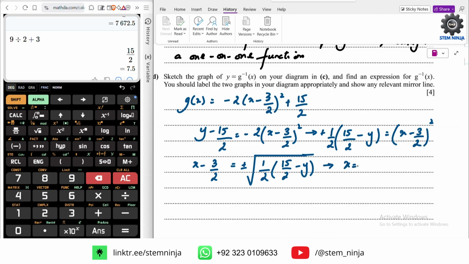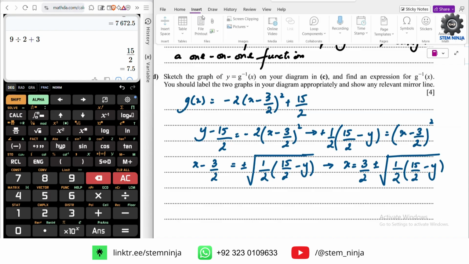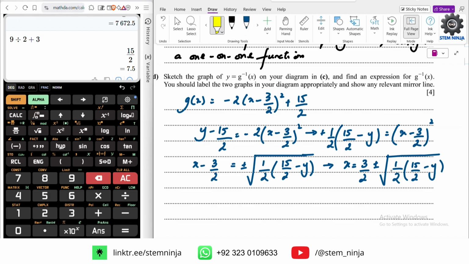So x would be 3 over 2 plus or minus the square root of one half times 15 over 2 minus y. Okay, now we need to figure out which one is the correct one. Is it going to be the negative one or the plus one? That's what we have to figure out.